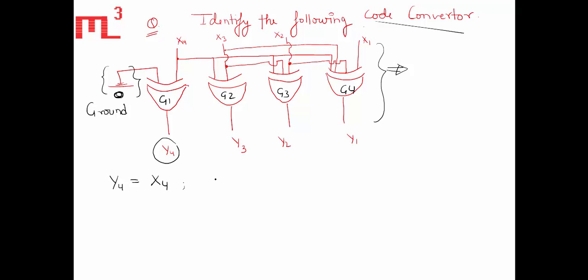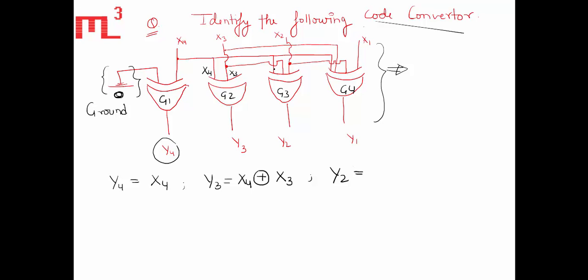Very simple. Now for Y3, here X4 is coming and from above this is X3. That means Y3 is nothing but X4 XOR X3. Clear? Now see Y2. For Y2 we have three inputs.